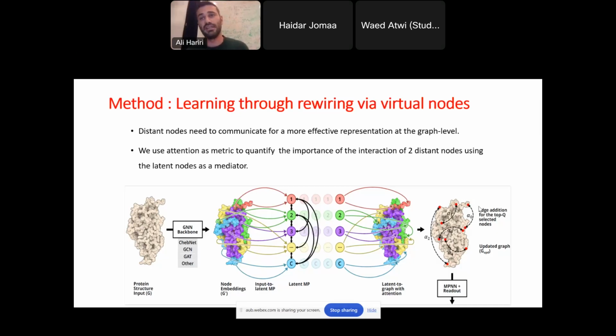It can be a GCN, it can be a GAT, because GNNs, although they suffer from over-squashing and over-smoothing, can still perform well up until a small receptive field. So up until a small receptive field, I want to embed the protein clusters with a GCN, for example.